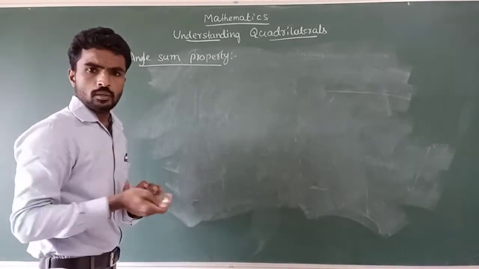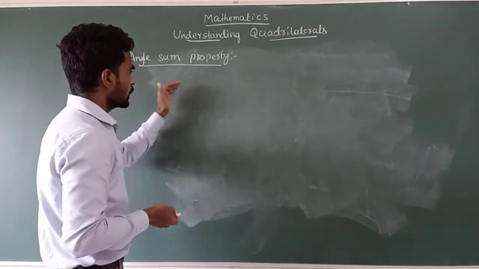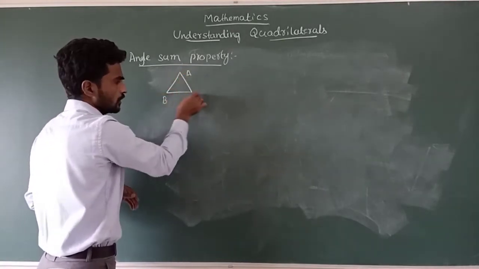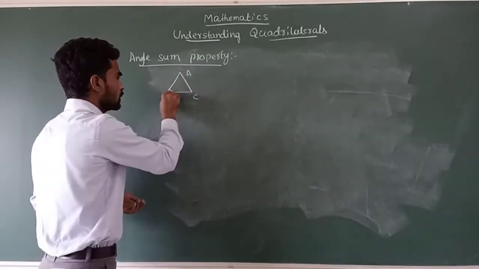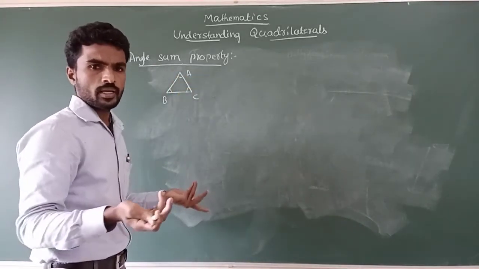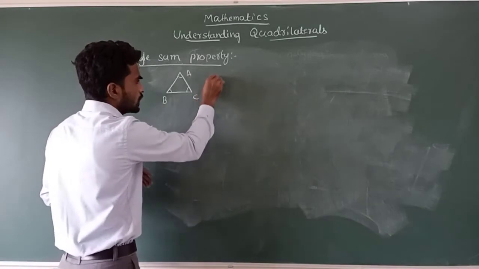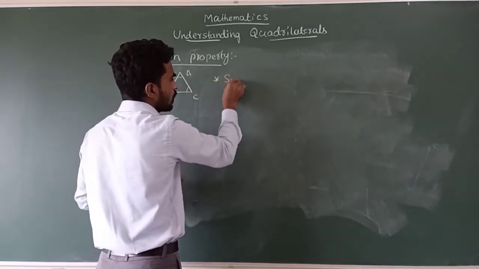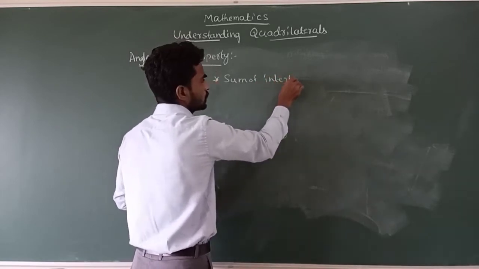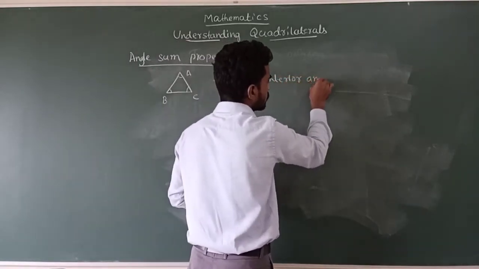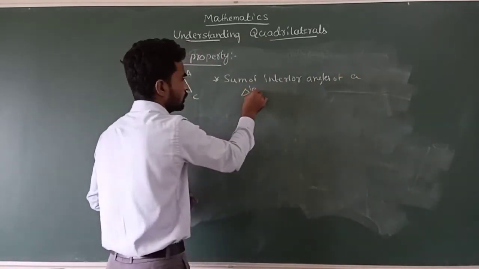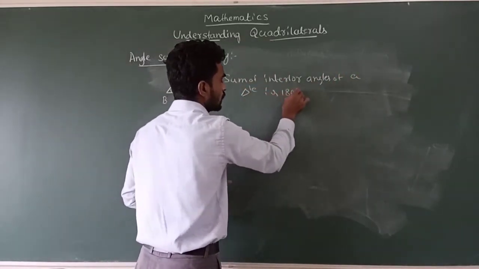We already know the sum of interior angles of a triangle. Here it is triangle ABC. Add these three interior angles, we get 180 degrees. That is, the sum of interior angles of a triangle is 180 degrees.